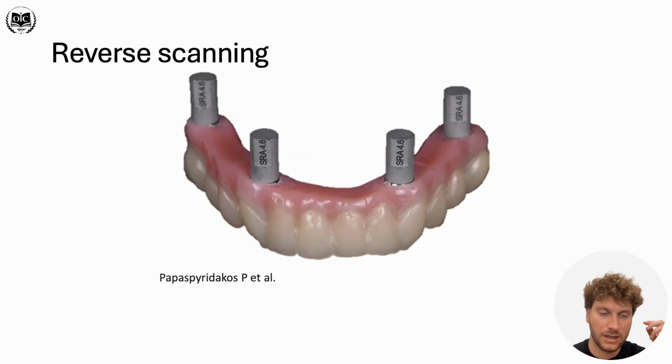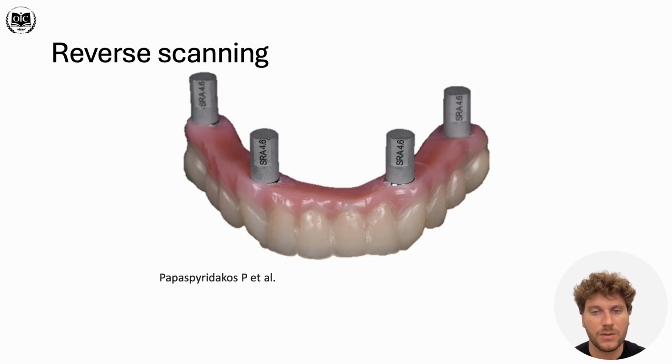And the last method that needs to be briefly introduced is the reverse scanning technique, where, if we have a really passively fitting temporary prosthesis, we can scan it intraorally fixed to the implants, then remove it from the mouth and put special scan bodies that attach to the intaglio surface of the abutments in the temporary prosthesis.